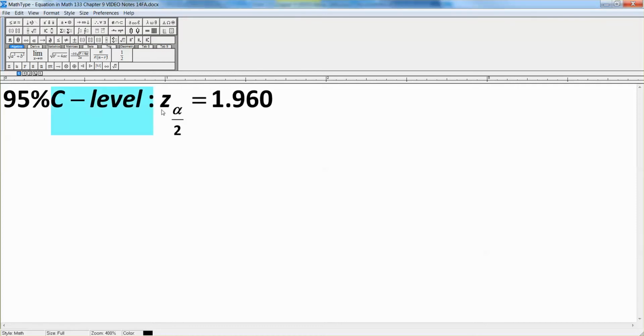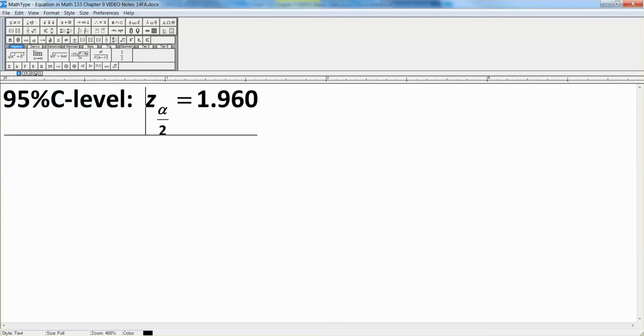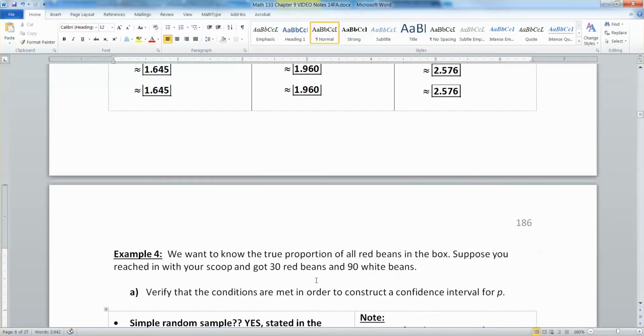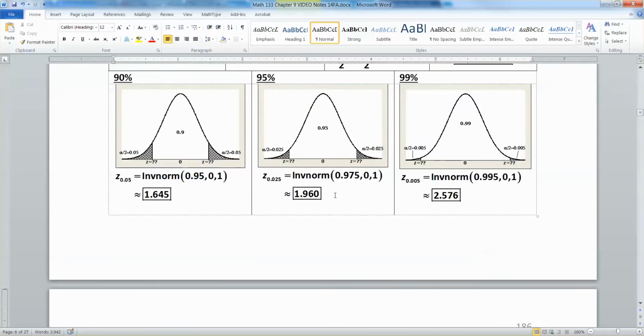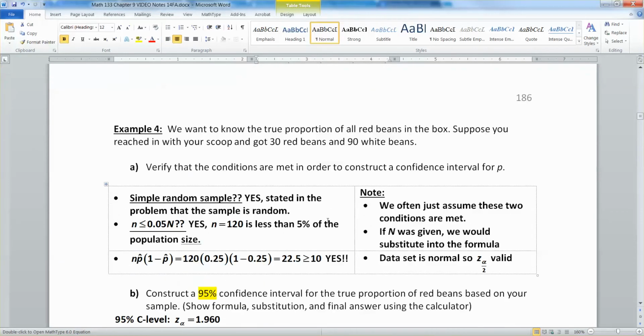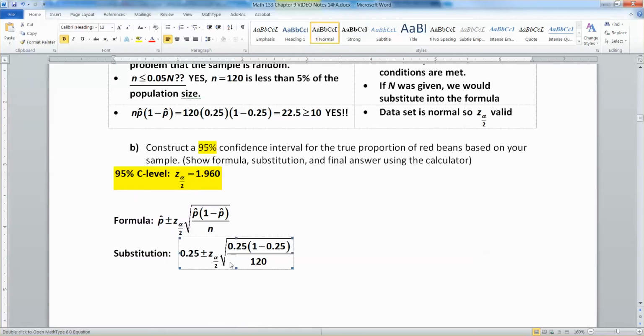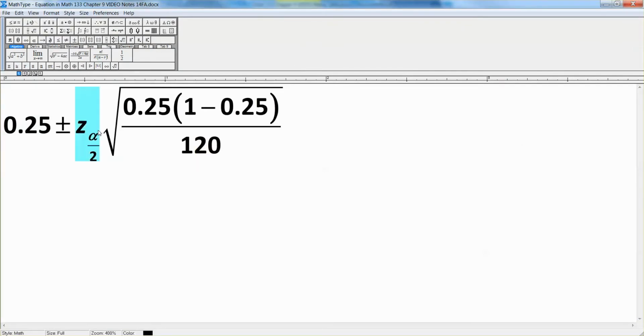We found that a page ago, using inverse norm 0.975 and so on. And again, you don't have to show all the work. Once you know those three, you know them. So this one's 1.96. That's where that 95% confidence level comes from. So I'm going to use 1.96 in here.